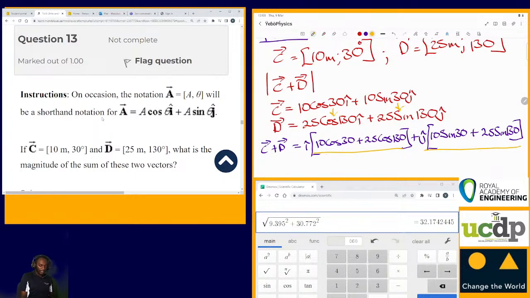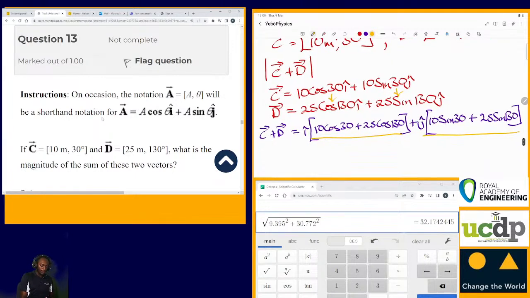Now when we've done this step, we can sum the I component of vector C plus vector D from our calculator.